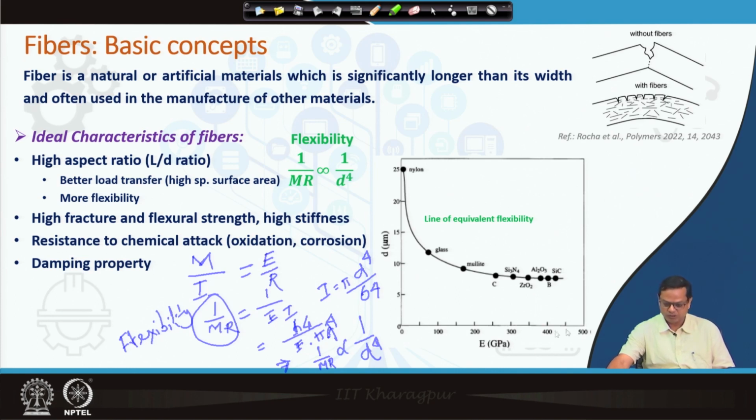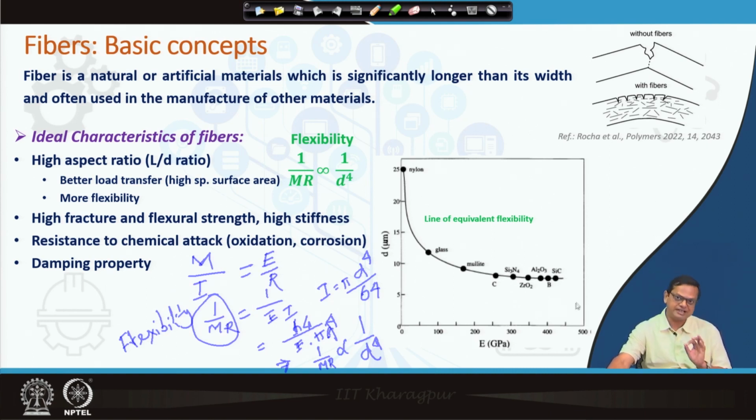You can see that for materials with very high modulus like alumina or SiC, to have high flexibility we have to reduce the diameter to a greater extent. On the other hand, for materials which do not have very high modulus, for example glass, or polymeric fibers like nylon, which have very low modulus, we have the luxury of a large diameter fiber while still achieving a good amount of flexibility.